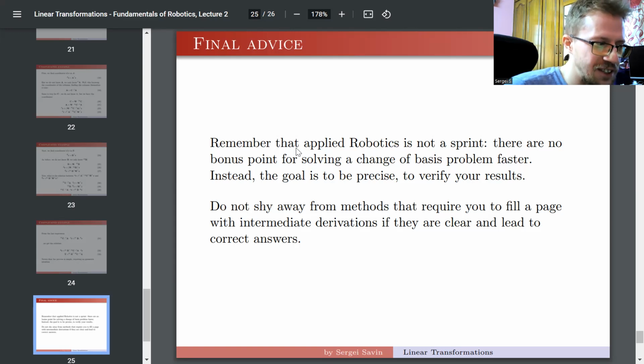If you solved something fast, verify. My personal philosophy is you solve something, then you find a problem or example that should demonstrate that what you did is correct. Half the time it is animation. Half the time you can draw your robot and demonstrate that your forward kinematics agrees with what you see on the screen. Half the time you don't have animation, then you have to come up with artificial examples.